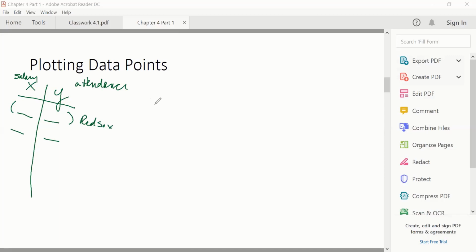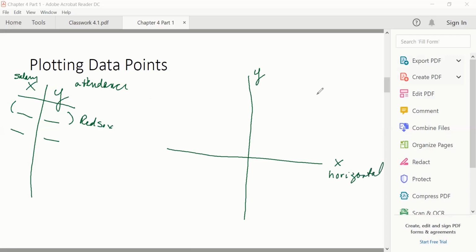So when we plot those points, we're going to plot it on a graph where one axis is the x-axis and one is the y. The x is the horizontal, and the y is the vertical. They call those an ordered pair, where x always goes before y.